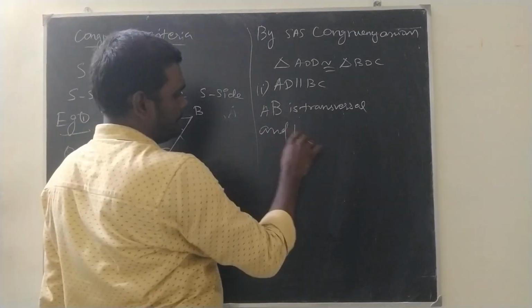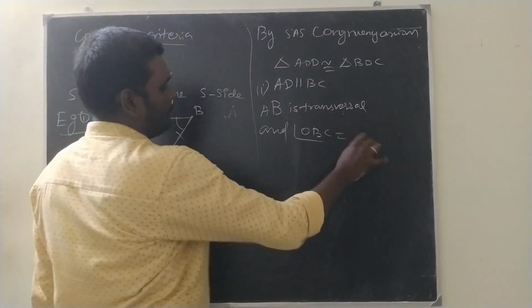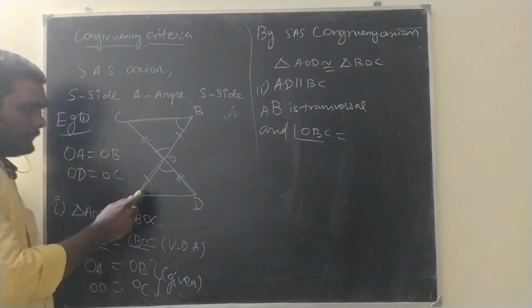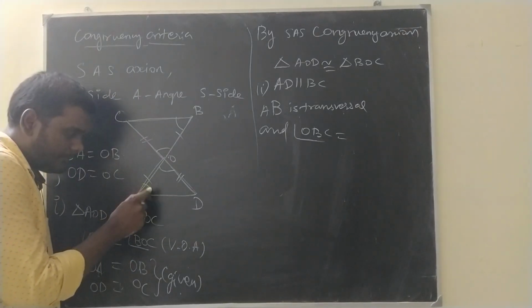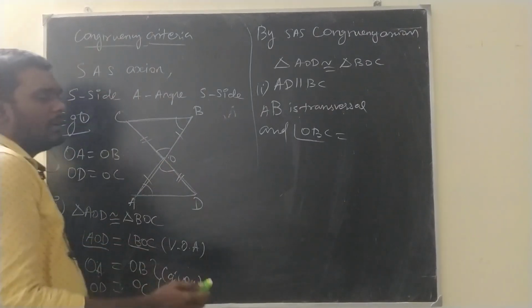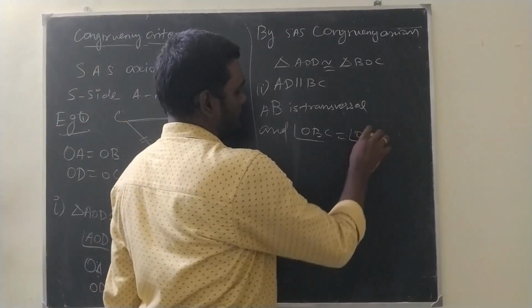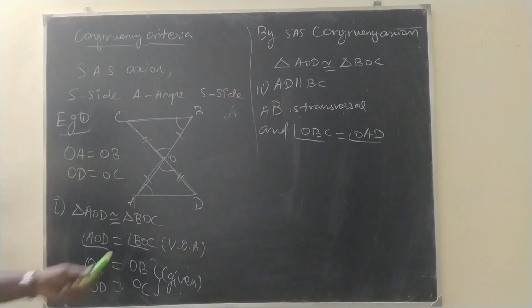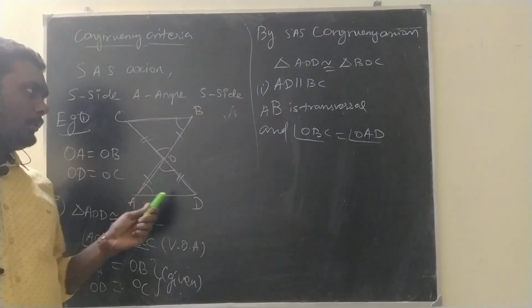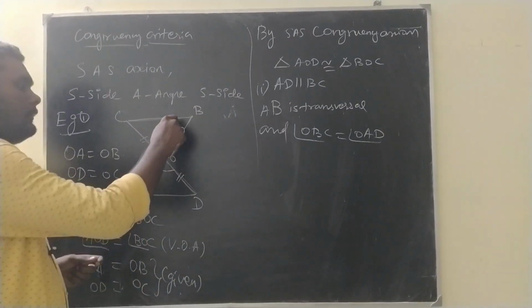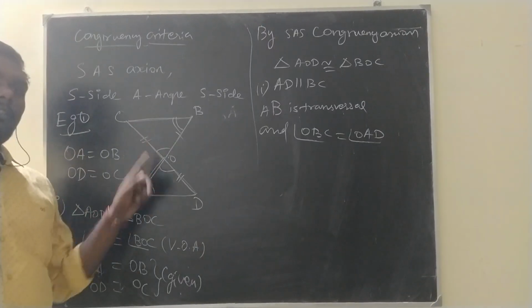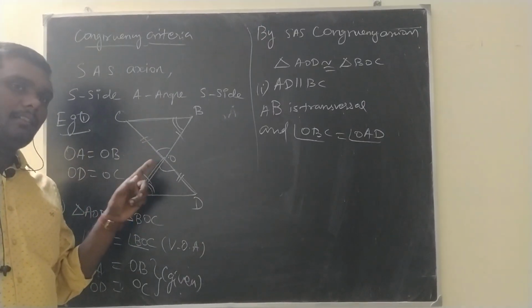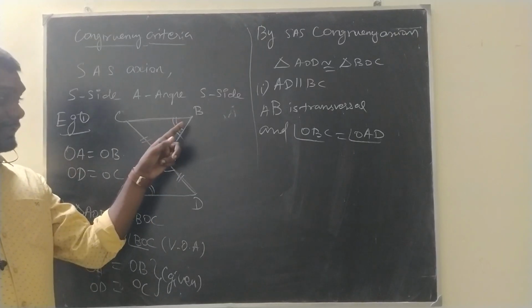Angle OBC is equal to this angle OAD. Why is it so? Because by the previous subdivision we have proved that these two triangles are congruent, which means all the 6 elements are equal. So they are corresponding angles.